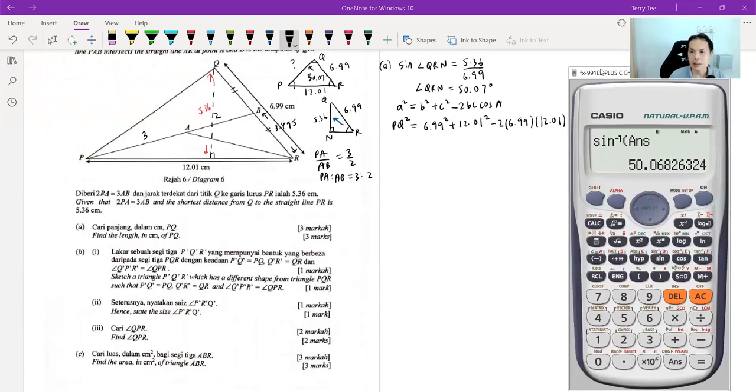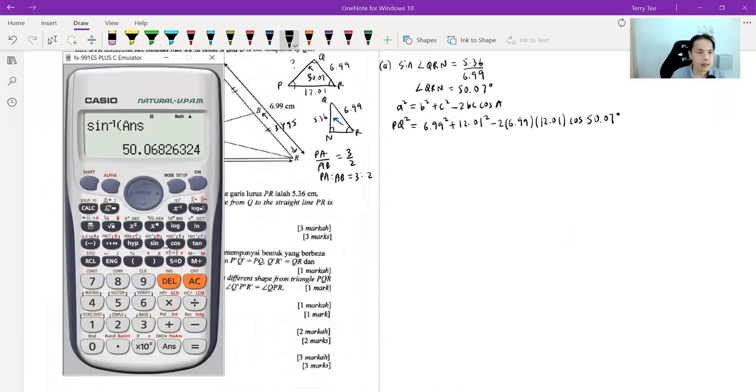Okay, let's use our calculator. Let me show you here. Now, we start by writing 6.99 squared plus 12.01 squared minus 2 times 6.99 times 12.01 times cos 50.07.